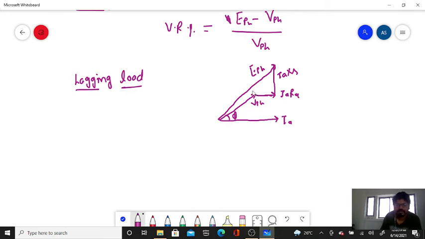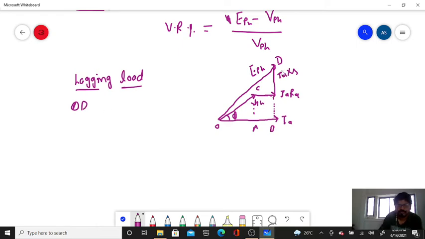To calculate EPH, we can extend it here. Let's say O, A, B, C, D. So we have to calculate OD.